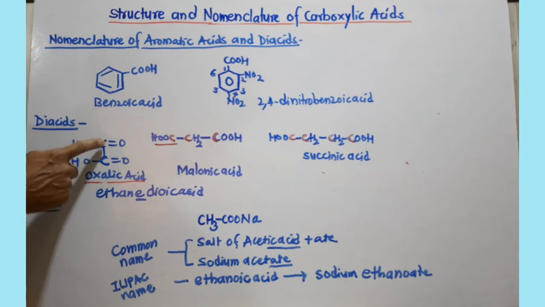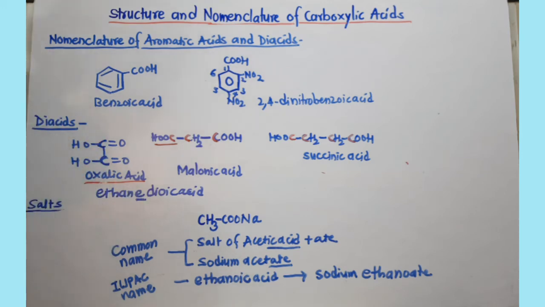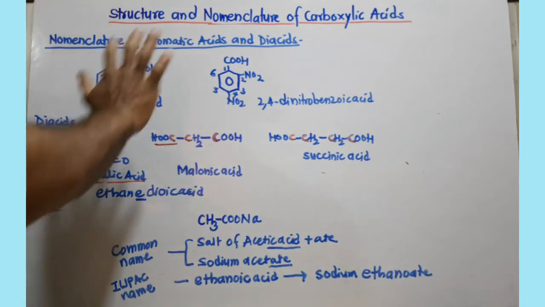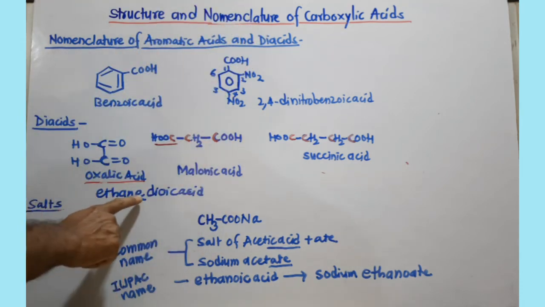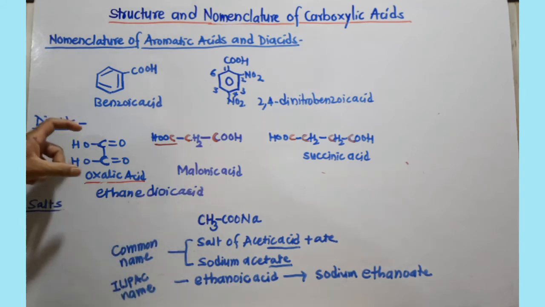There are two carbons, so the parent is ethane. Don't drop this E. We drop E in case of monocarboxylic acid, but in case of dicarboxylic acid, you keep that E as it is and join the suffix dioic acid. So oxalic acid now becomes ethanedioic acid. So ethanedioic acid is the IUPAC name.